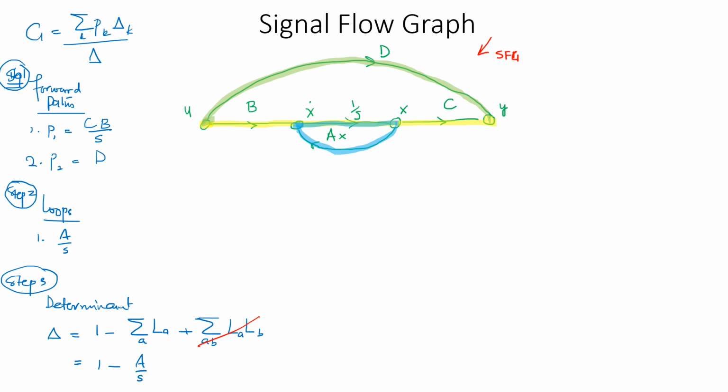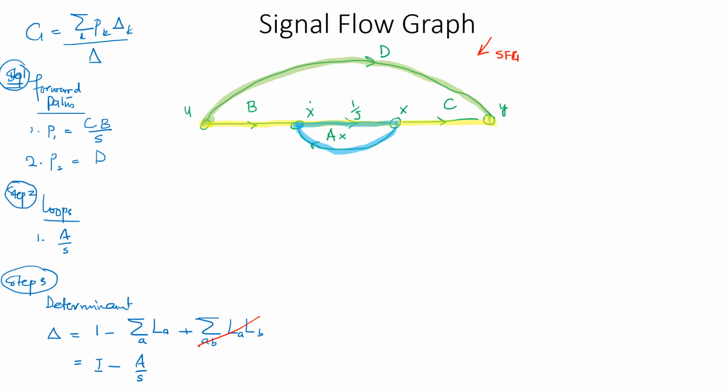Now, because we started this signal flow graph from the state space model, I must be aware that these A's, B's and C's are matrices. For that reason, rather than having 1 minus something, I'll place the identity matrix minus A to be consistent with the matrix manipulation.